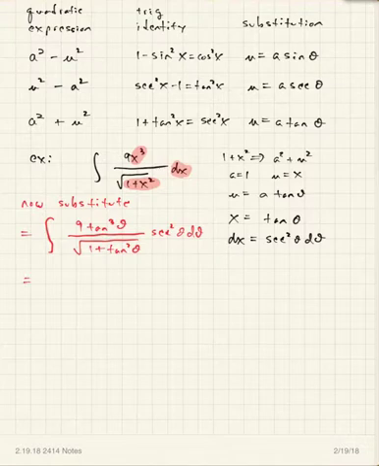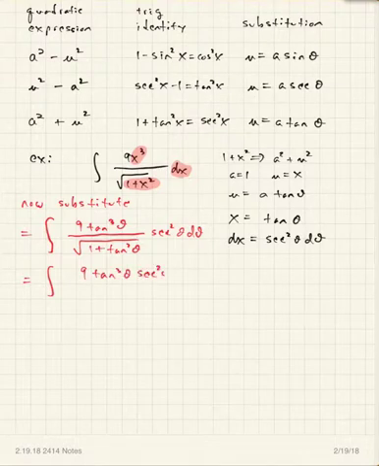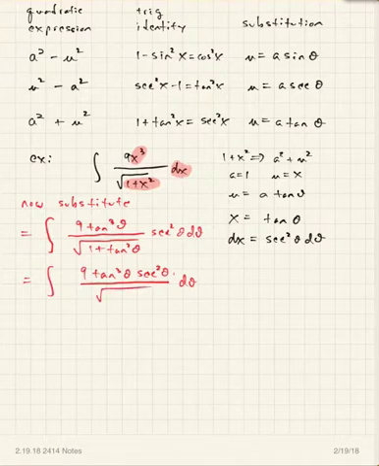So first of all, in the numerator, we have 9 tangent cubed theta, and then we have secant squared theta d theta. And let me go ahead and write the d theta just adjacent to the fraction here. That would probably be typically how it's written. And then in the denominator, I have the square root of, and 1 plus tangent squared is equal to secant squared.